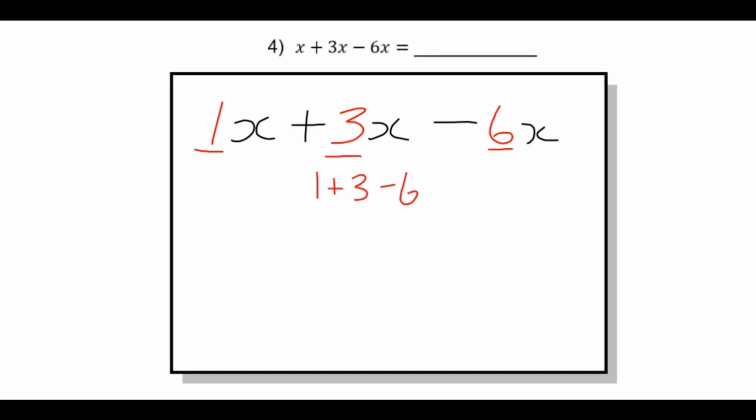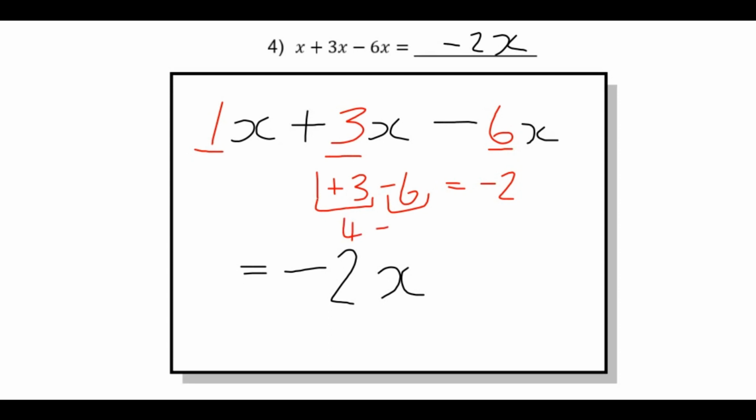This is 4 minus 6. It gives me a negative 2. And that's okay. You can have negative numbers. So it's going to be negative 2 and the x at the end. So the answer is negative 2x.